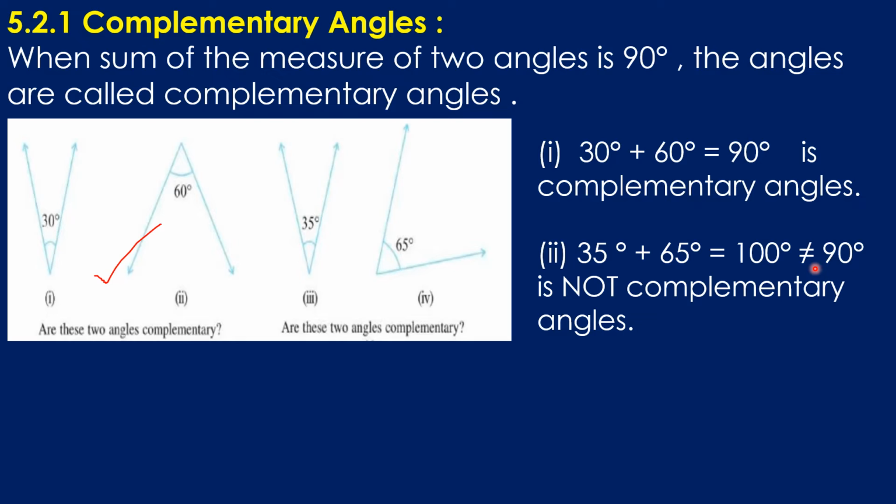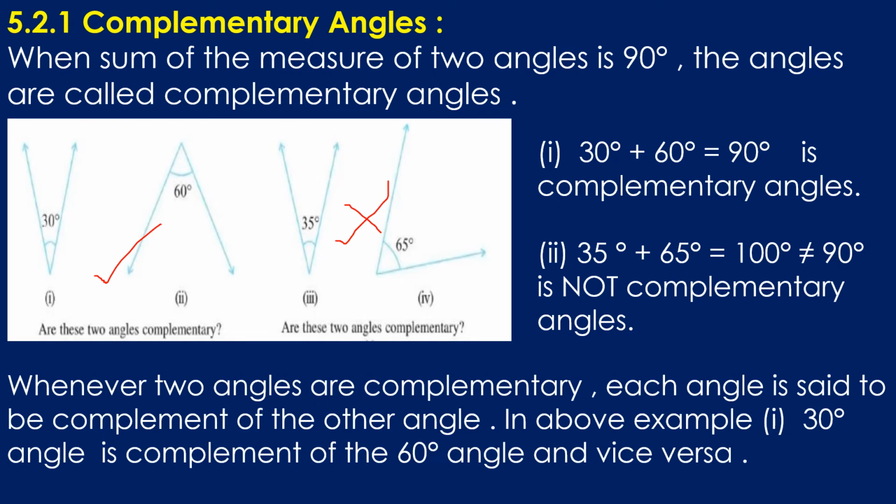That means it is not meeting the requirement of complementary angles. Therefore 35 degrees and 65 degrees are not complementary angles. Whenever two angles are complementary, each angle is said to be the complement of the other angle. As I have already told, 30 degrees is the complement of 60 degrees and 60 degrees is the complement of 30 degrees.